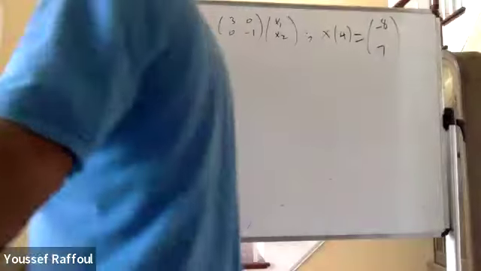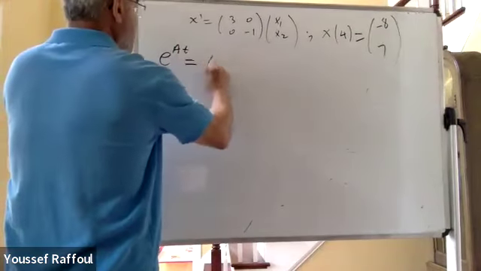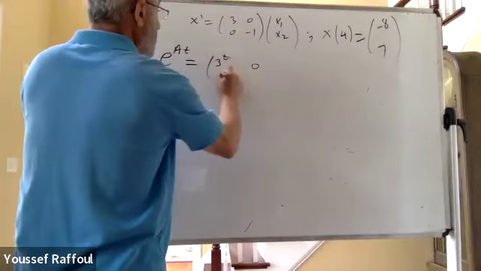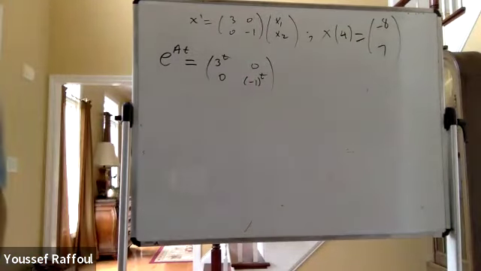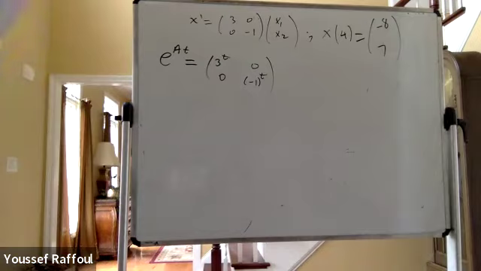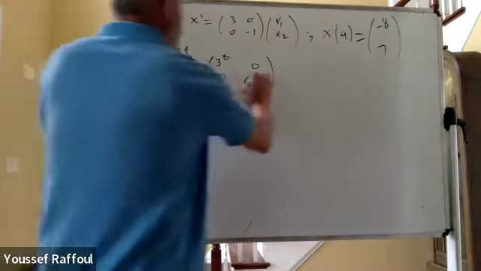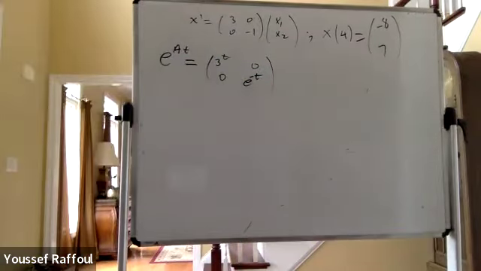I want everything to be different. So in this case, e to the at is 3 to the power t, 0, 0, minus 1 to the power t. Sorry, no, e to the minus t.